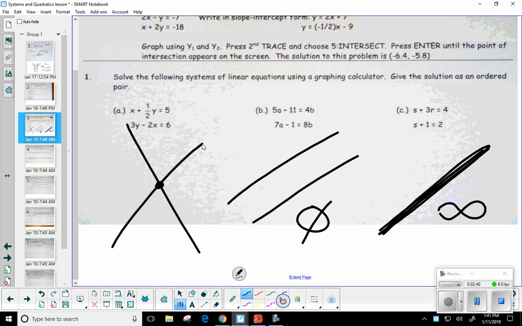Does anybody remember the term that describes this? It starts with a C. If both lines in the system are exactly the same, we say they coincide. They coincide. Also what you should do when it rains.